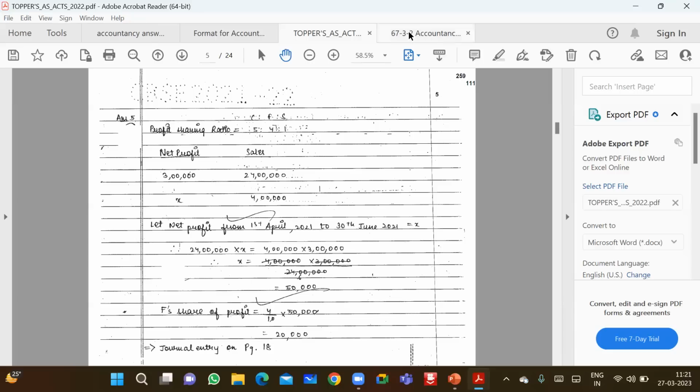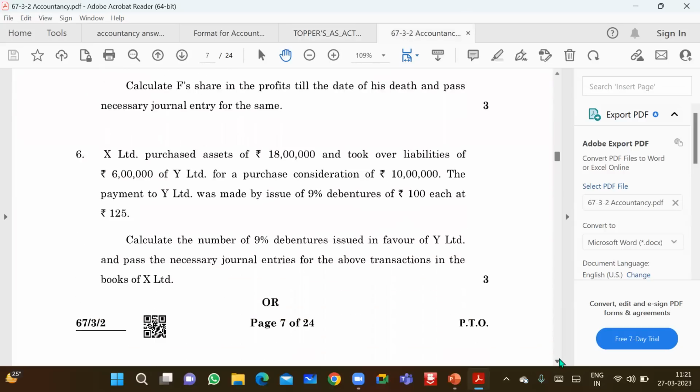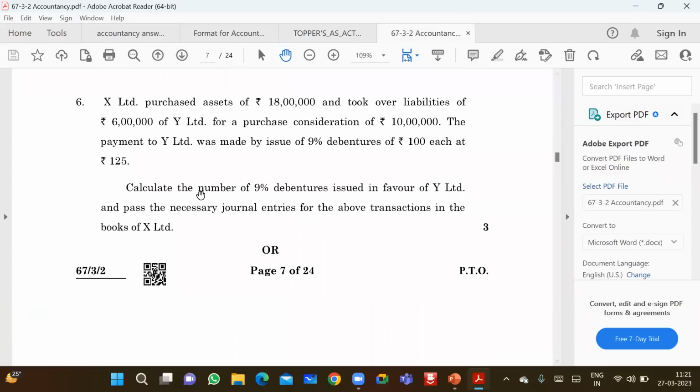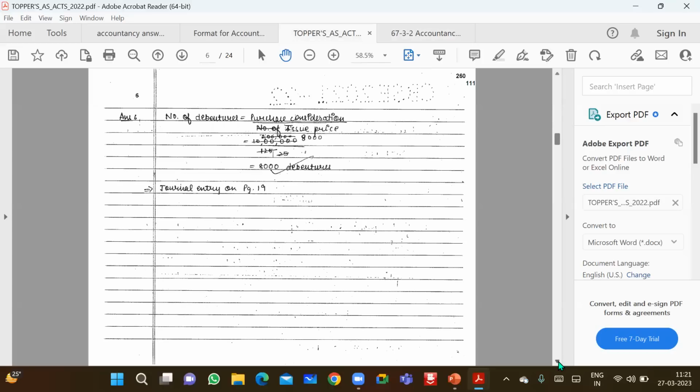And now let's see question number 6. Here it is asked to calculate the number of debentures issued in favor of Y Limited and pass journal entries for the above transaction. Here, once again, we have the calculation as well as the journal entries. Now let's see how the student had given the answer. Again, the student had given the answer on two different pages.